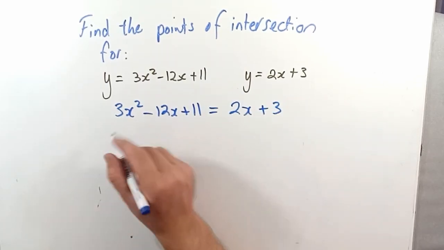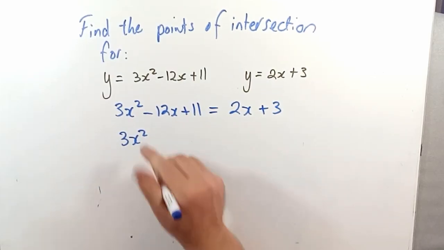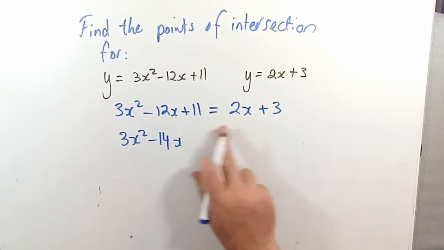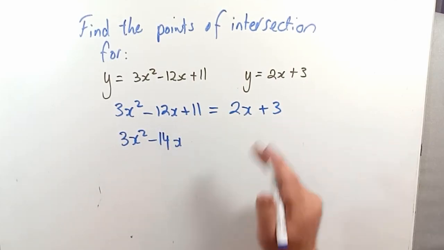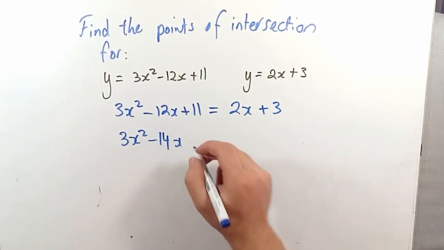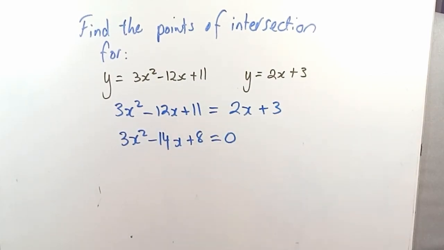Okay. You put all this on this side, so I get 3x squared minus 14x, negative 12x minus 2x, 11 minus 3 is plus 8, equals 0.